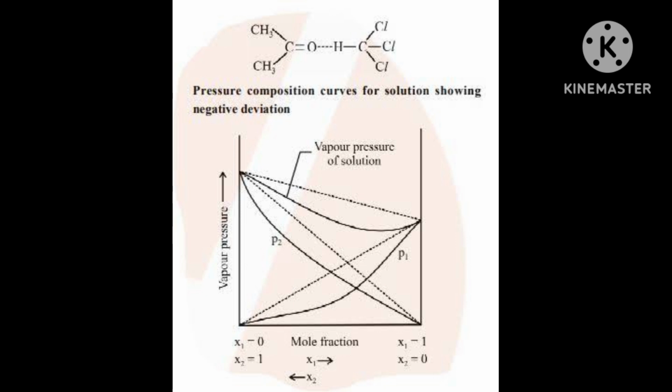The vapor pressure of such a solution is either higher or lower than that predicted by Raoult's law.